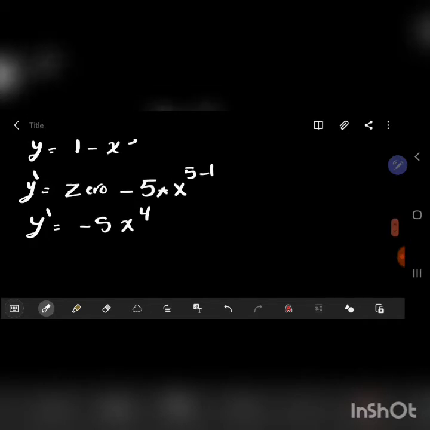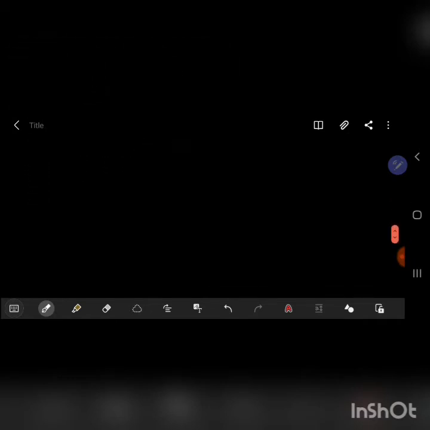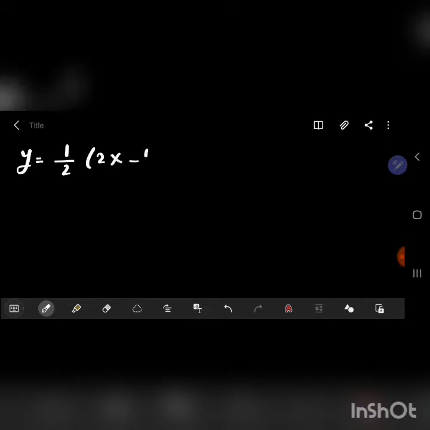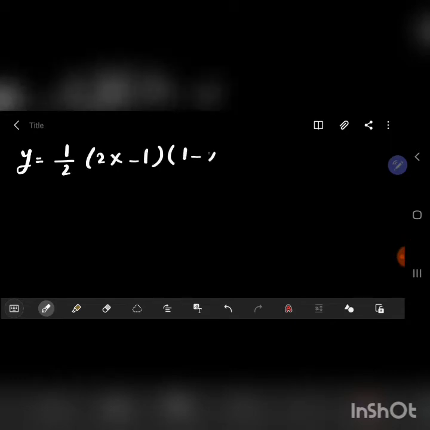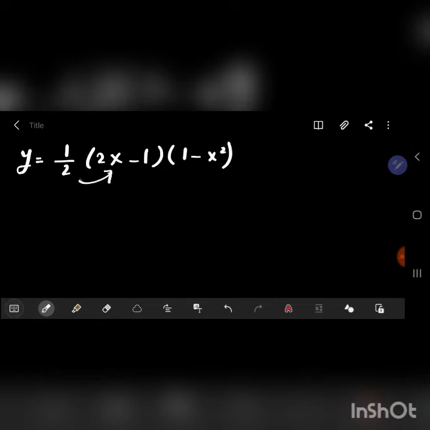Okay, now we will take another example. Y equal to half, 2x minus 1, times 1 minus x squared. Now I will distribute half to 2x and minus 1. So y equal half by 2, it will be 1, so x minus half by 1, times 1 minus x squared.